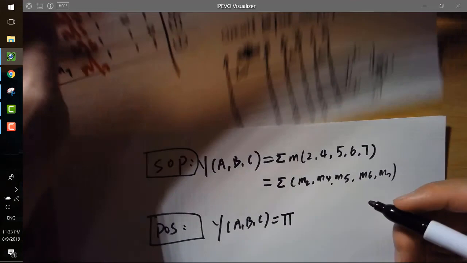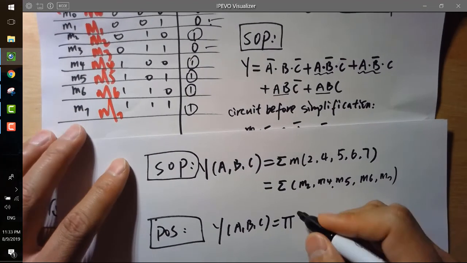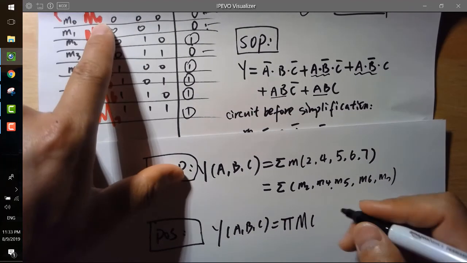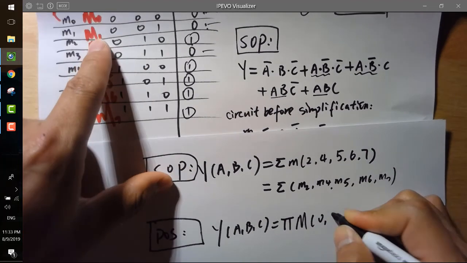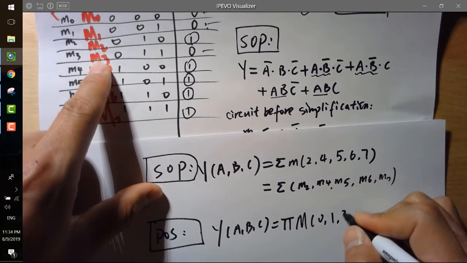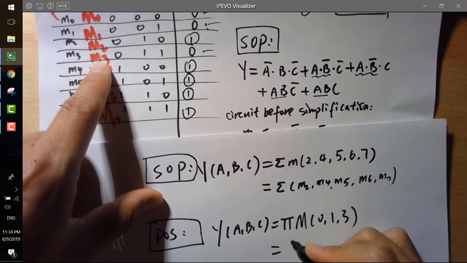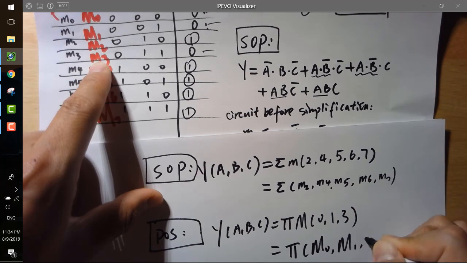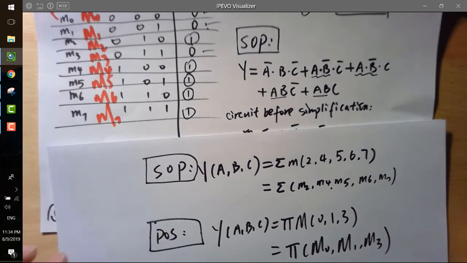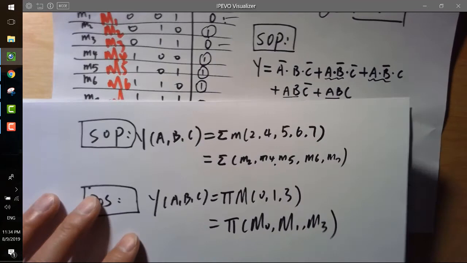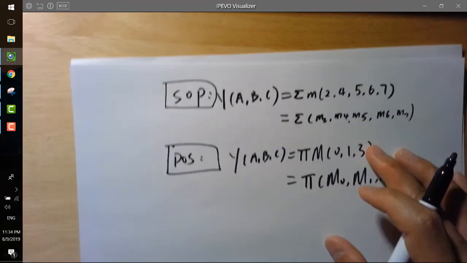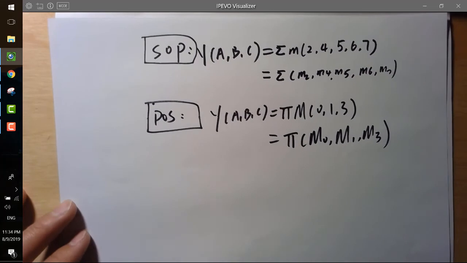That means it's a product of the max terms 0, 1, 3. Or you can write it as M0, M1, M3. Both ways are valid. You will see this in the homework, so make sure you understand what they are so you can do the homework.